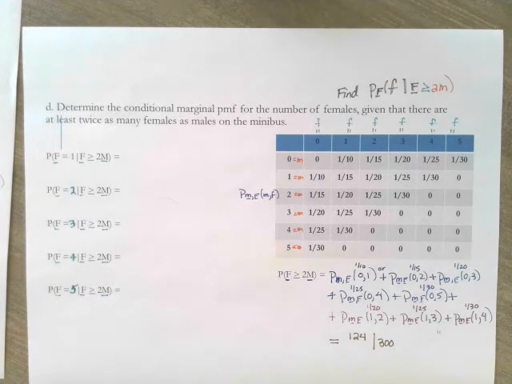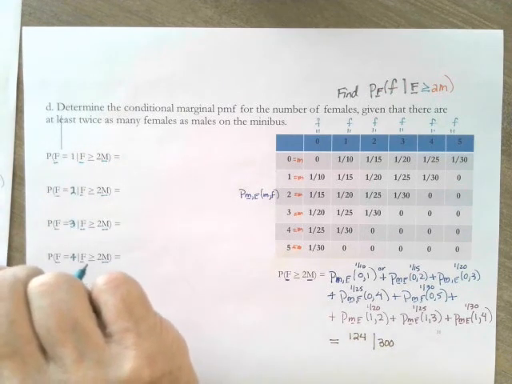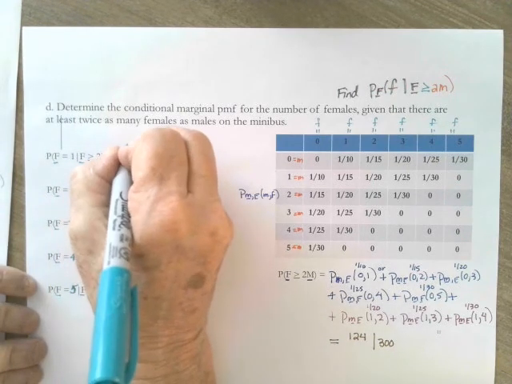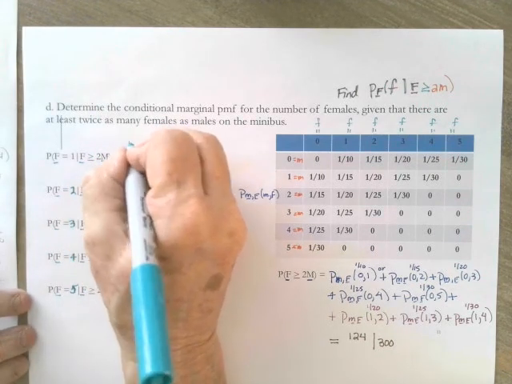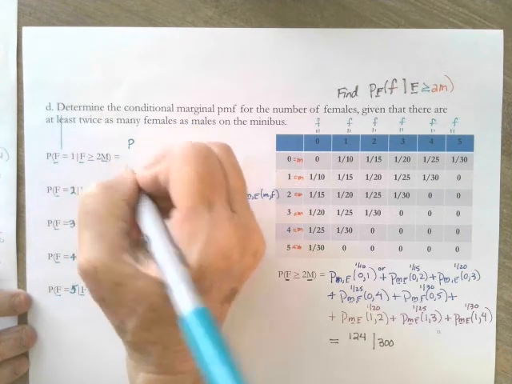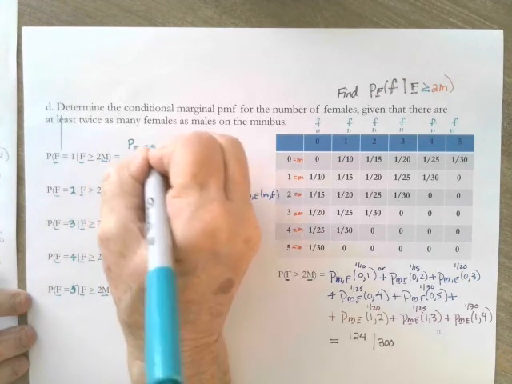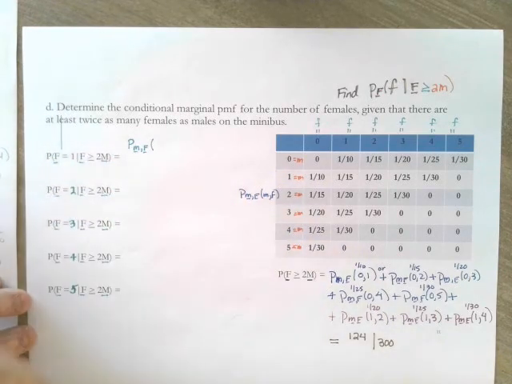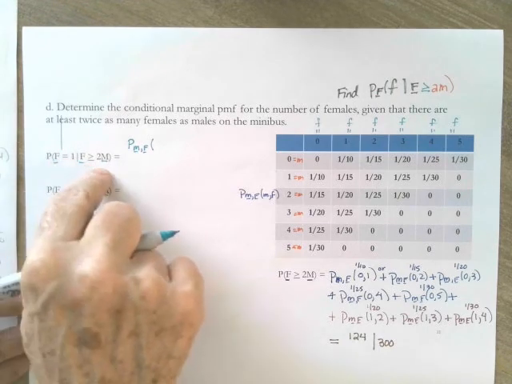Okay, now we'll just apply the formula that we know and love, and I'll just do it once and then I'll have you finish the rest of it, okay? So for me to figure out this probability here, how am I going to get that? This is going to be my joint probability mass function, little p(m, f). The only way this can happen is if f is 1 and m is 0.